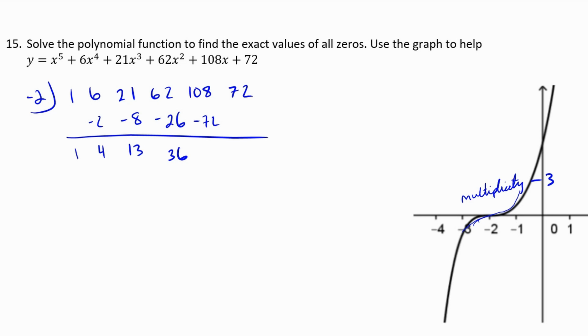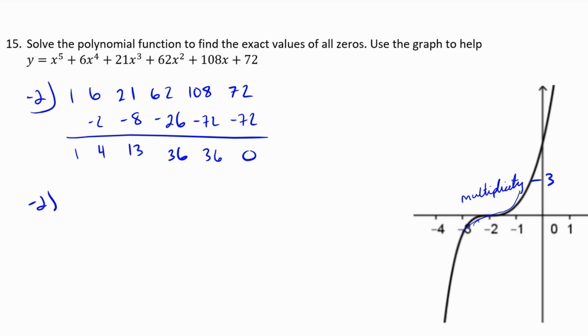And 108 minus 72 is 36. And then 72 minus 72 is 0. So I know I should be getting 0 here, but that takes care of one multiplicity. I have 2 more to go.